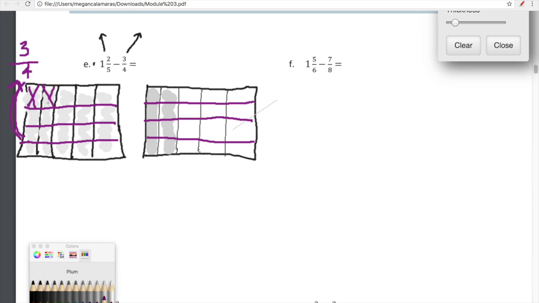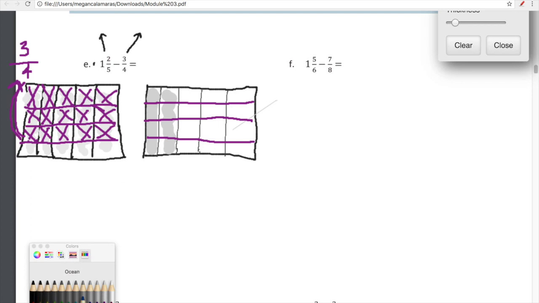So we're going to x out 1/4, 2/4, and 3/4. Okay. So now we've just shown 1 2/5. We started with that in the gray, and then we've taken away 3/4 in our purple.